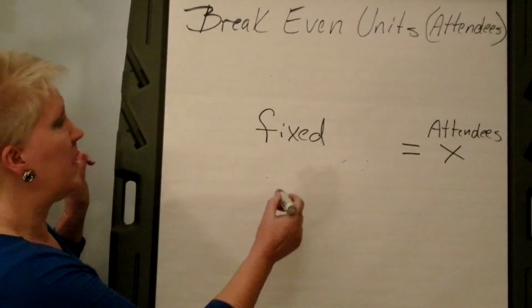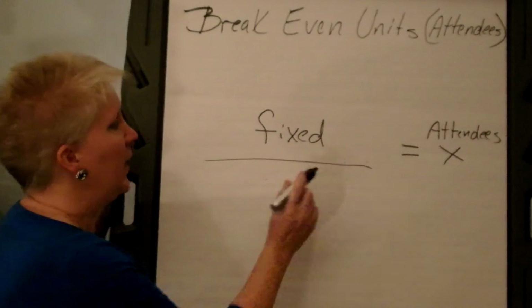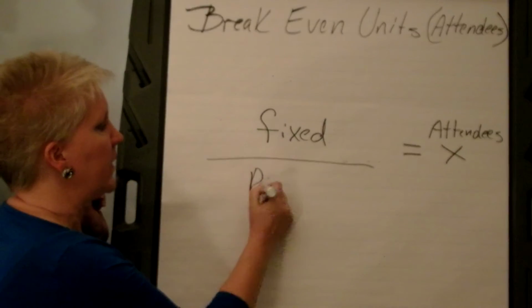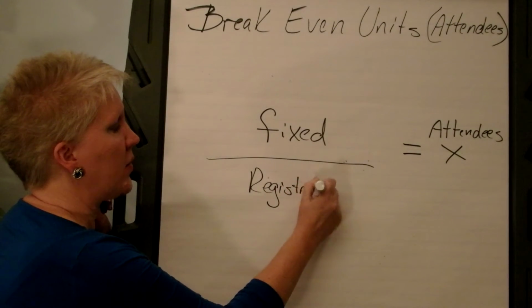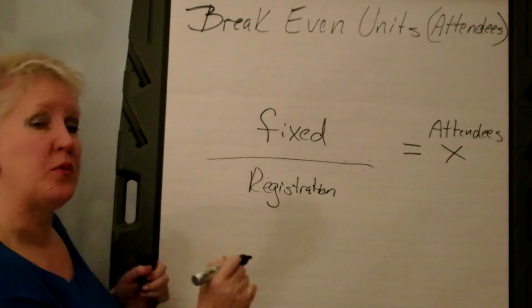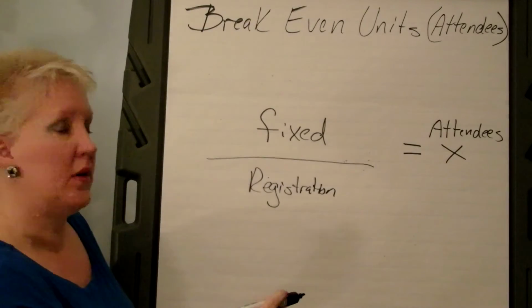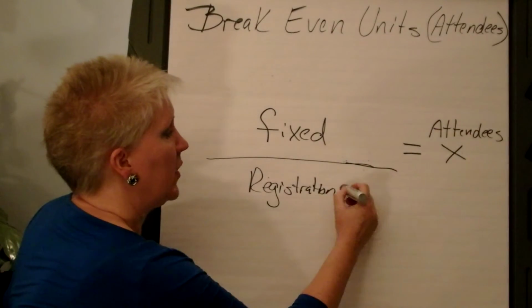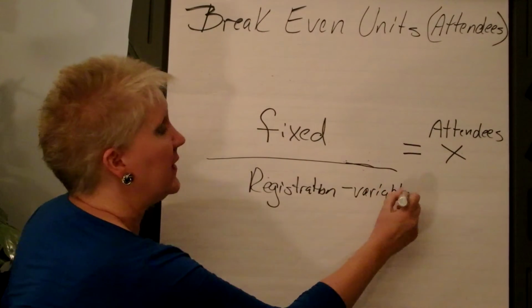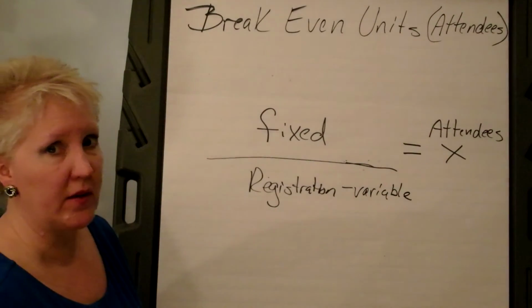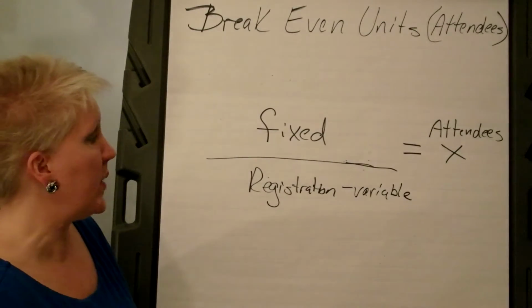So what we're going to end up doing is we have to take our registration fee, but again, because we know it is made up of 2 parts, we have to subtract out the variable. And we do that so we can find out how much of the registration fee is available to help cover the fixed cost.